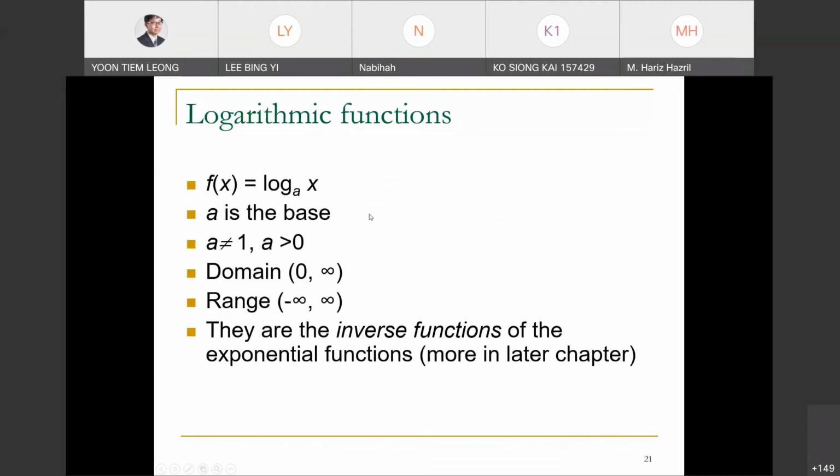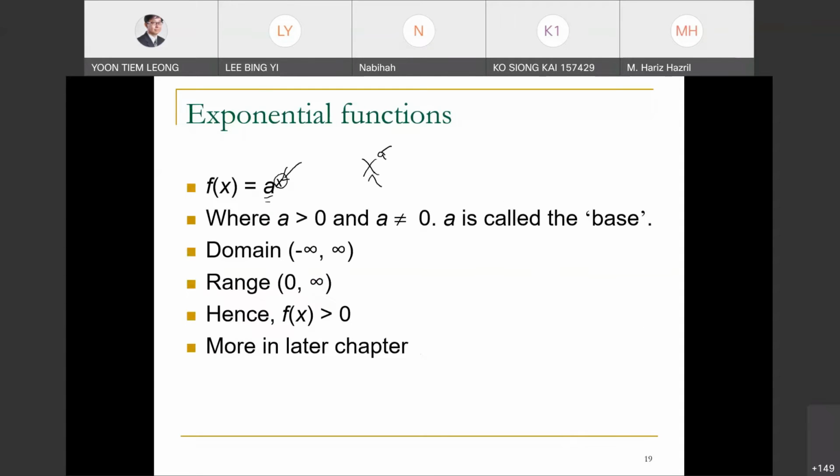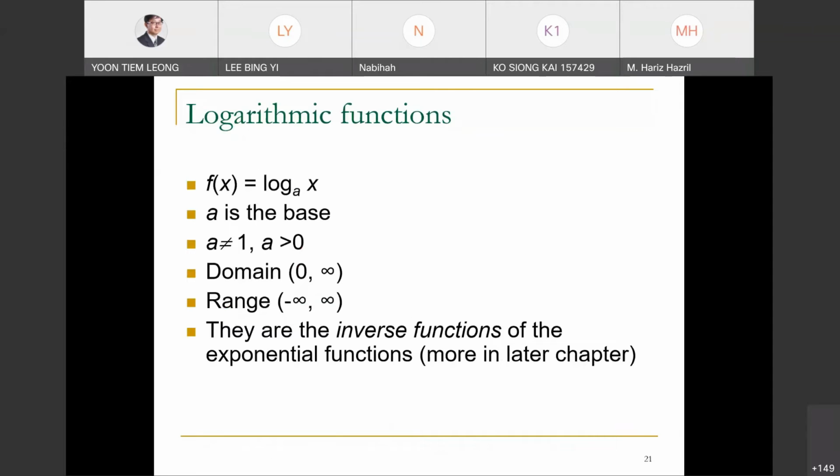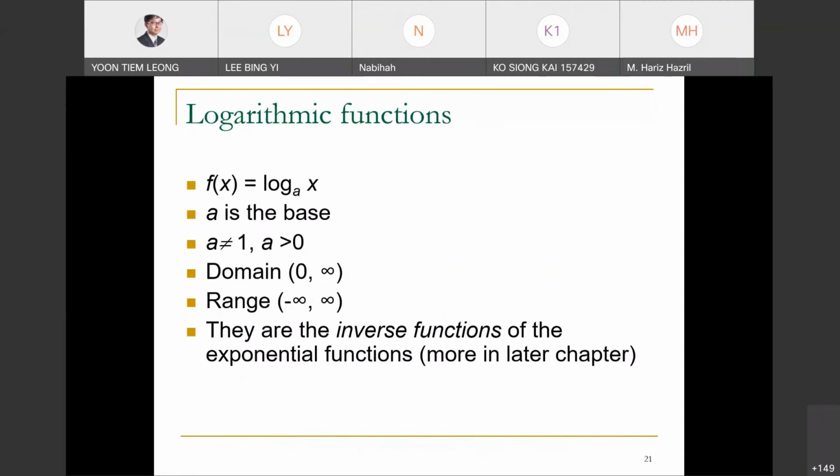Later on, we will first learn the definition of a logarithmic function, and only then relate it to the exponential function. They are very closely related to each other. To be more specific, the logarithmic function is the inverse of the exponential function, and the exponential function is the inverse of the logarithmic function.